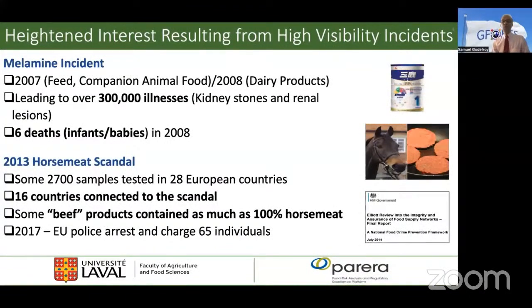The 2013 Horsemeat Scandal, widespread amongst over 28 European countries, showed that a number of products which were supposed to contain beef were essentially sold containing another species of meat, mainly horse meat, and put this also at the forefront.